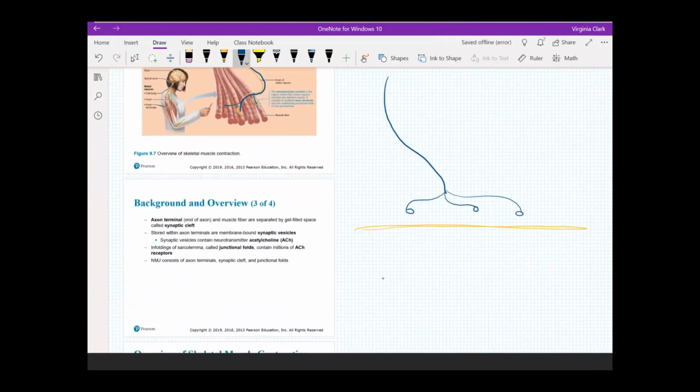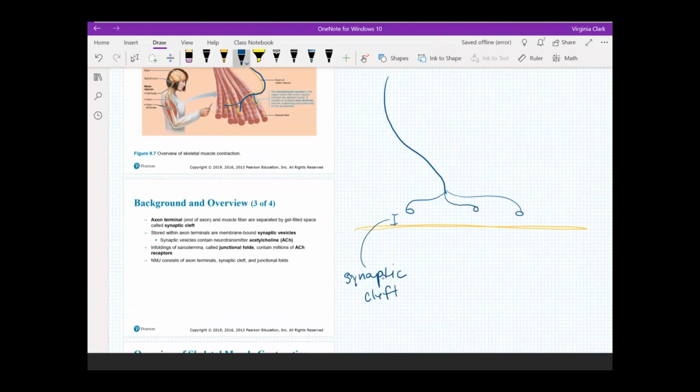They will not actually connect. There will be a space between the end point of the neuron and the actual muscle fiber. This is the synaptic cleft, and this will occur for all of them.